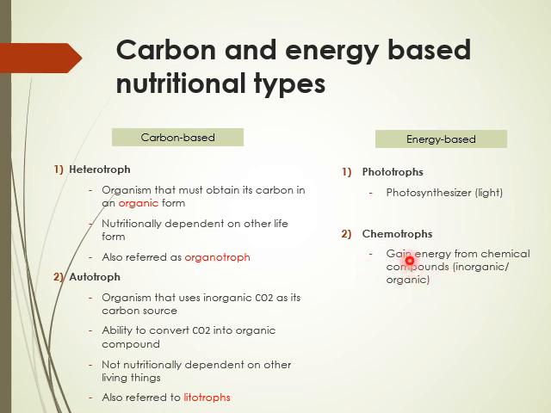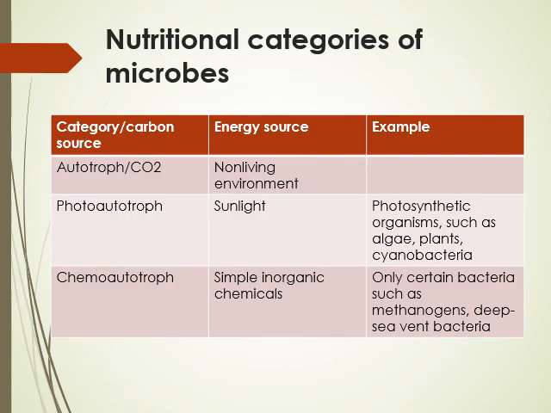Chemotrophs are organisms that can gain energy from chemical compounds, either inorganic or organic. Here, this table shows examples of energy sources that the group requires for their metabolism and growth.